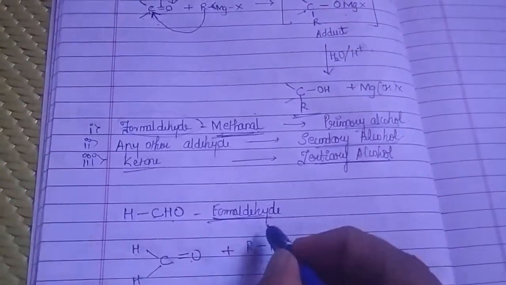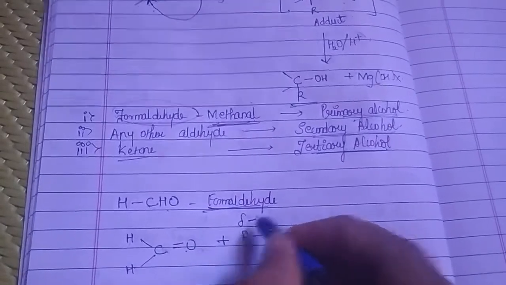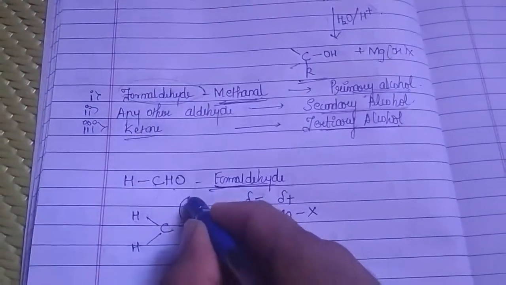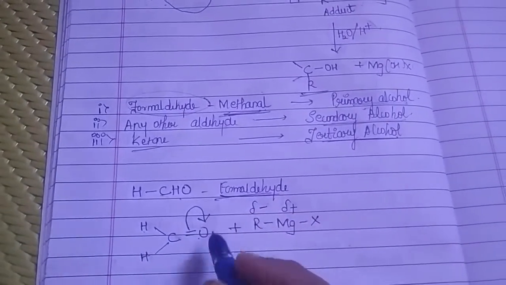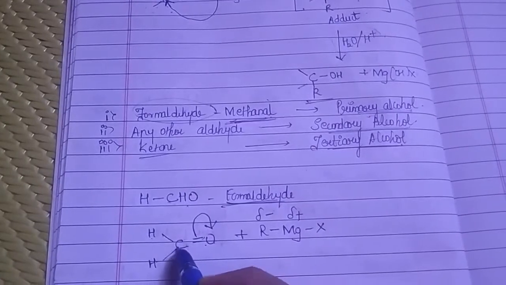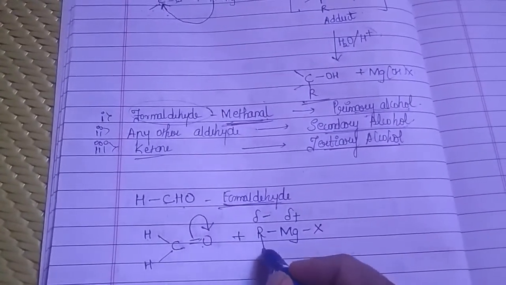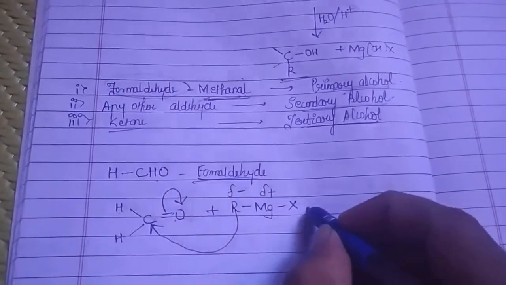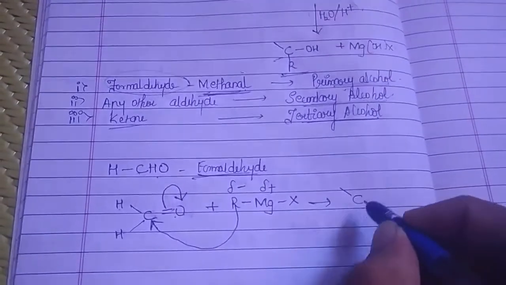So when I am treating this with RMgX, my R will have delta minus and Mg will have delta plus. Due to the electronegativity difference between carbon and oxygen, oxygen will try to attract the pi electrons towards itself, so carbon will get a positive charge. So this delta minus R attacks it. Once it attacks, it forms an adduct.